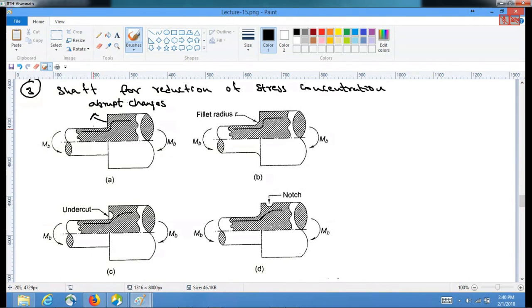But this abrupt change in the cross section will lead to severe stress concentration. In such scenarios, you can reduce the stress concentration arising from these kinds of abrupt changes in three different manners. So the first one is creating a fillet radius.